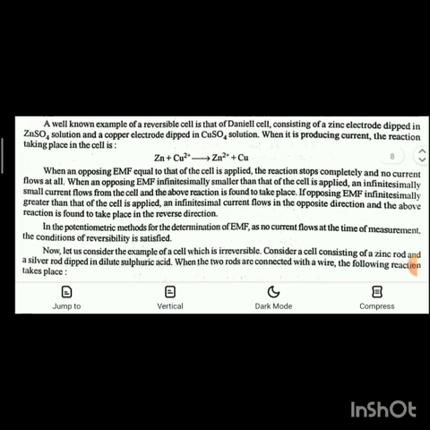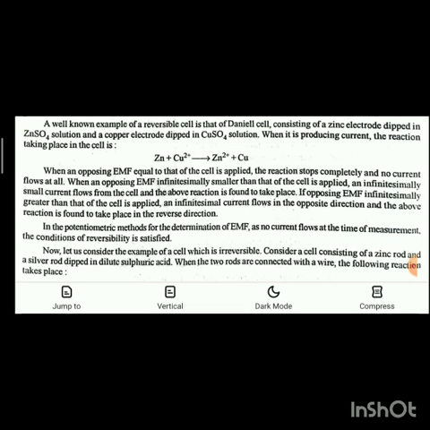A well-known example of a reversible cell is that of the Daniell cell, consisting of a zinc electrode dipped in zinc sulfate solution and a copper electrode dipped in copper sulfate solution. When it is producing current, the reaction taking place in the cell is Zn plus Cu2+ to form Zn2+ plus Cu. When an opposing EMF equal to that of the cell is applied, the reaction stops completely and no current flows at all.